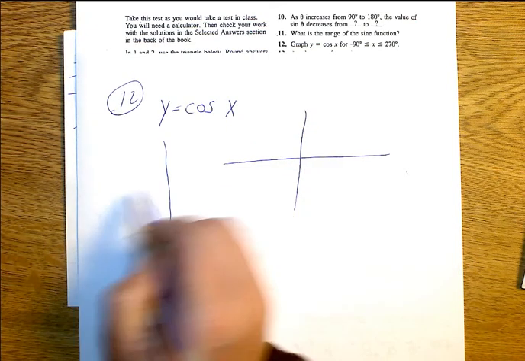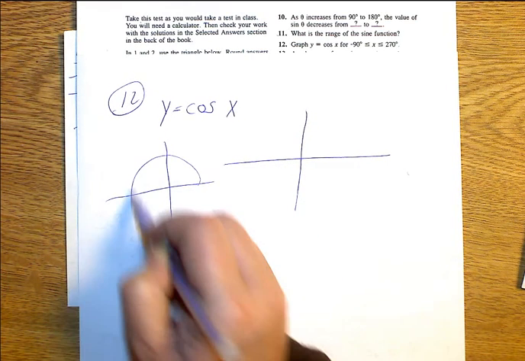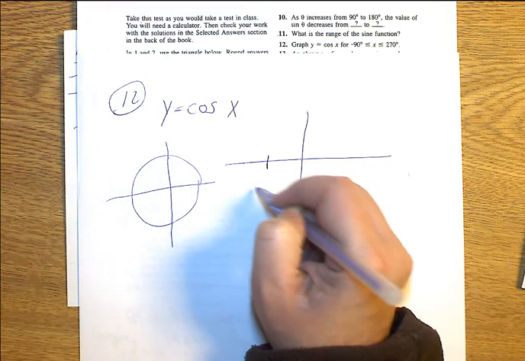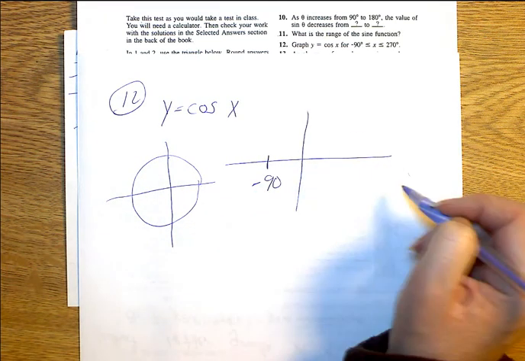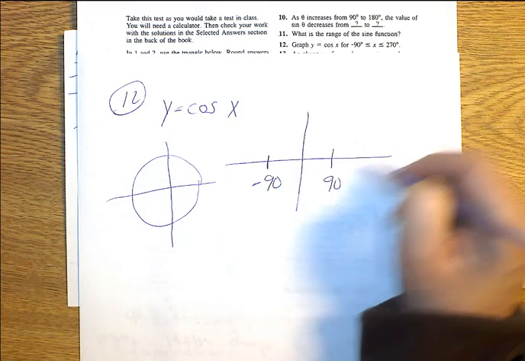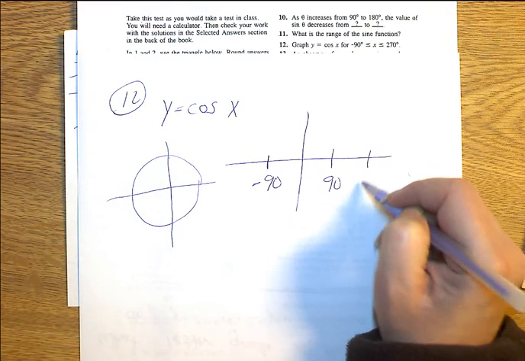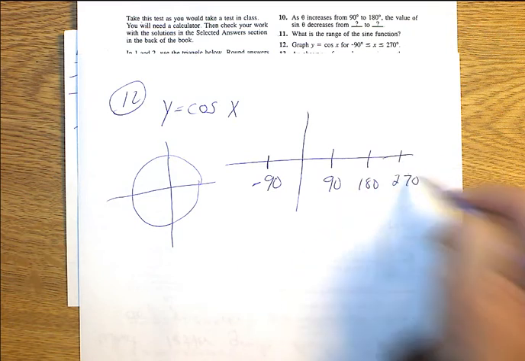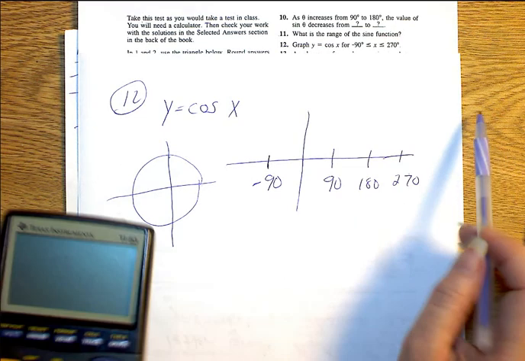Because remember, from when you're doing your unit circle, they're in increments of 90. So this right here is going to be my negative 90. So I have 0. Then I have 90. Then what's my next increment? 180. And my last increment is? 270.